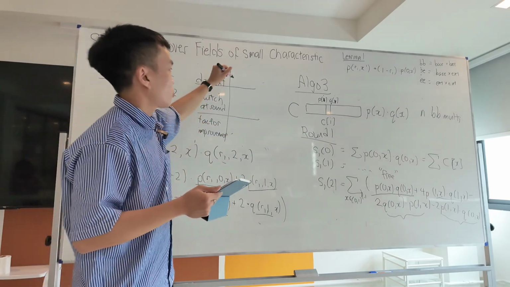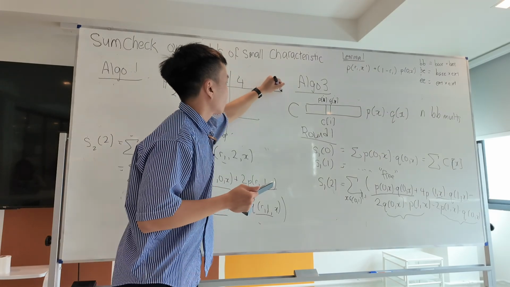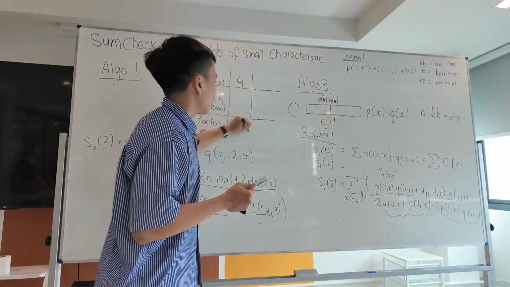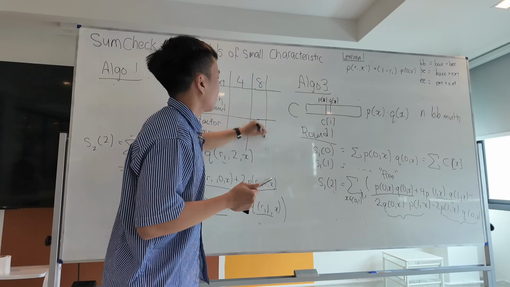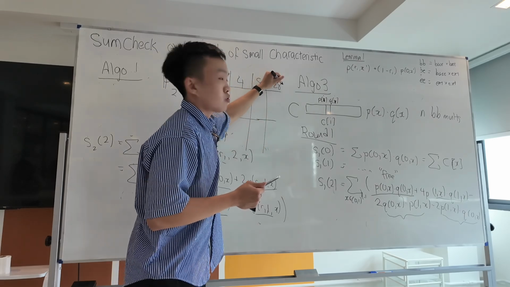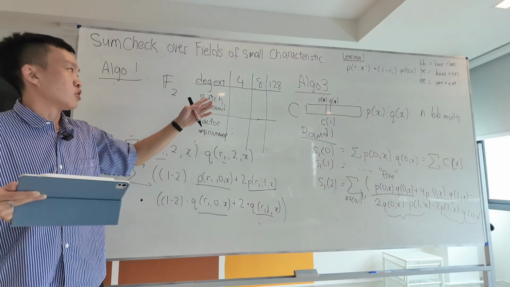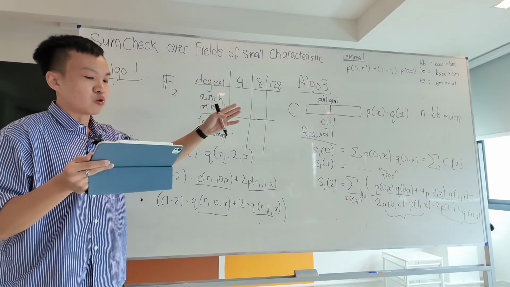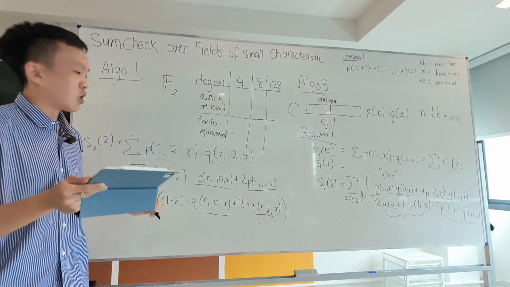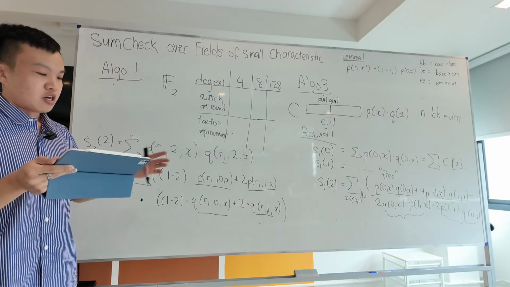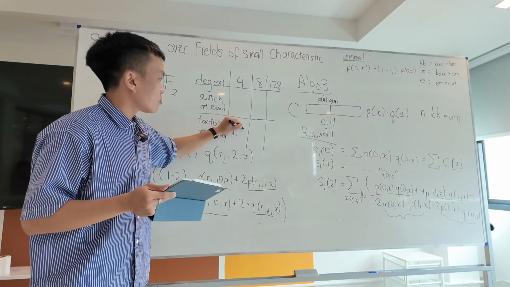So I'm just going to write a few data points here. They have more extensive research in their paper, so I suggest reading that if you're interested. But I'm just going to write the ones that we are keen on, which are degree 4, 8, and 128. The key thing to note is that at degree 4, there isn't much improvement.